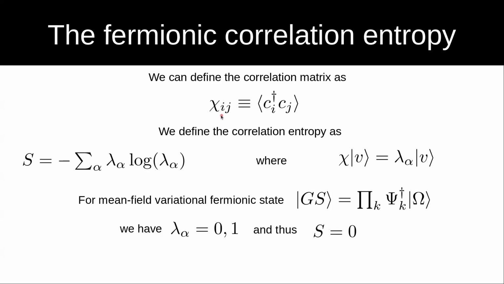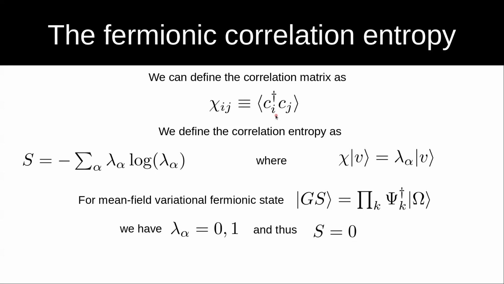And in particular, if your wave function is a Slater determinant, if your wave function is a fermionic product state, then the eigenvalues of this matrix are all 0 and 1. And this is very easy to see just by writing down this correlator in the diagonal basis.